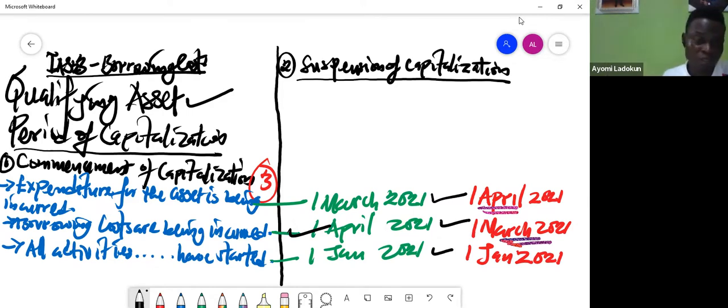What is the meaning of suspension? You temporarily stop capitalizing borrowing costs. That's it. So what is the standard saying?